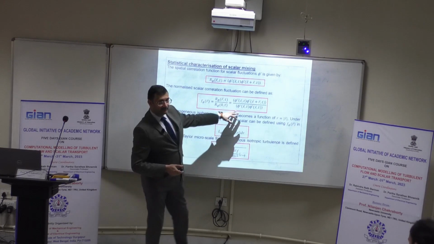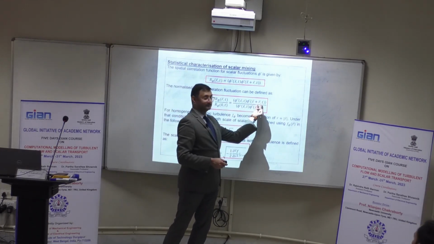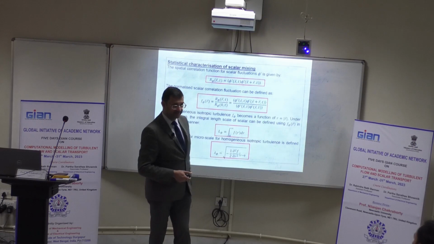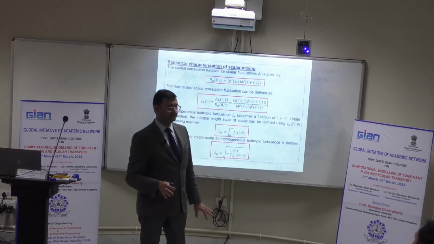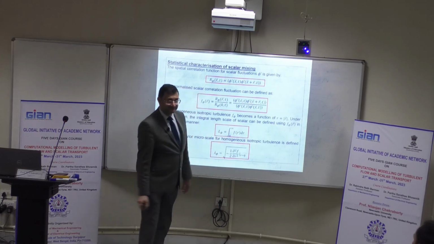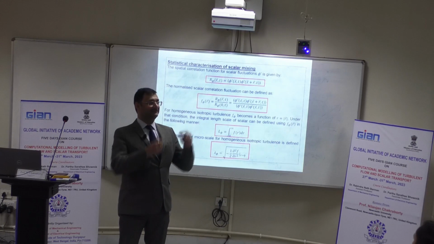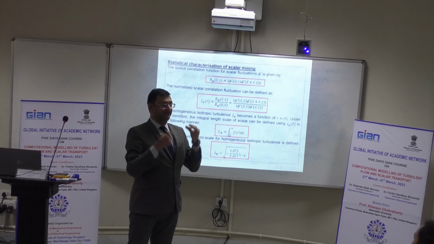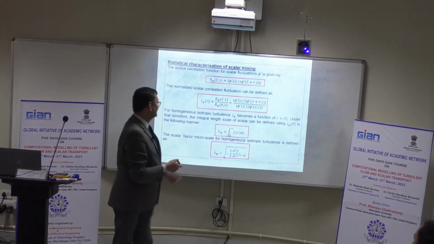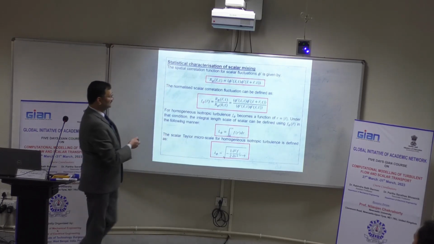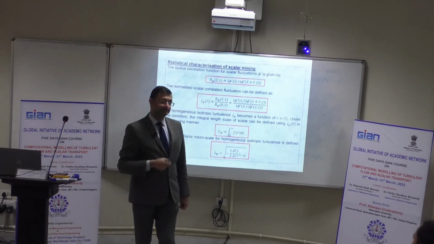As we discussed earlier, when the spatial separation is equal to 0, this function takes a value of unity. Here, as you can see, if you put r equal to 0, numerator and denominator are the same. So, if there is no separation, the scalar fluctuation signals are perfectly correlated with each other. If the r magnitude goes to infinity, this will go to 0. There will be no correlation.